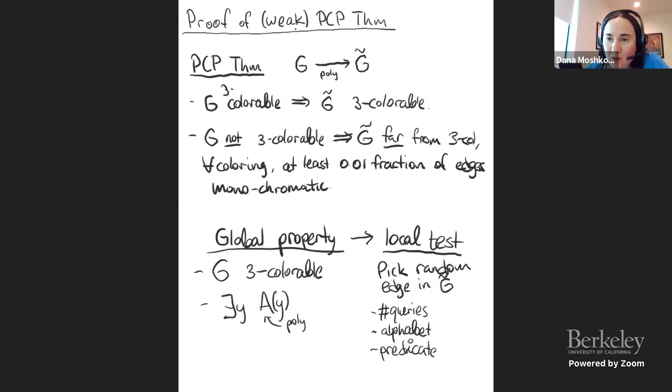The issue is that it's local. The issue is that we look at a small number of places in this transformed graph or transformed input.